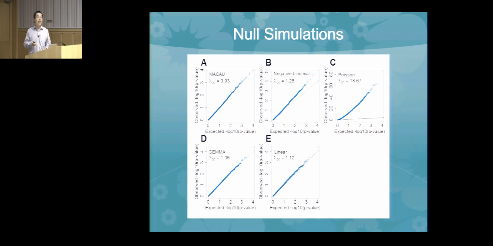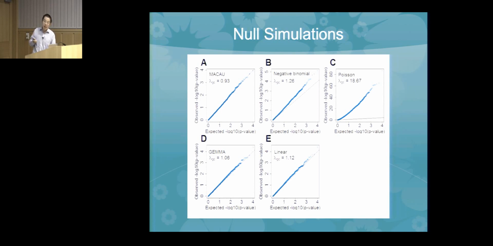So you can see that among the different methods we look at, we first look at 5 because we are simulating X as continuous, and DESeq2 and edgeR cannot handle continuous data. You can see that among those 5 different methods, 2 of them give you inflated type 1 error. In particular, if we look at the Poisson model, you can see a huge inflation of p-values, suggesting you are going to see a lot of spurious associations. The same thing happens for the negative binomial model, although to a much smaller extent.